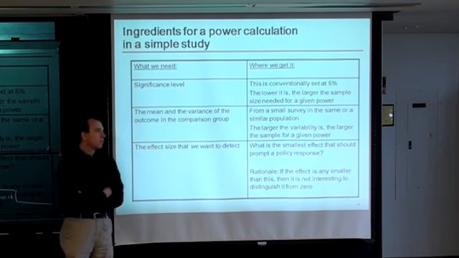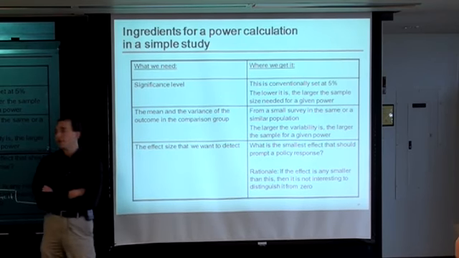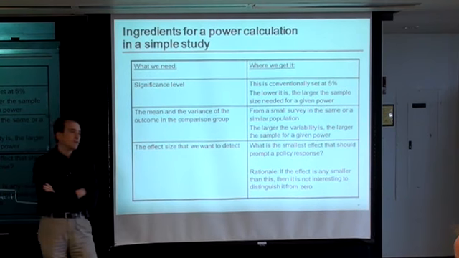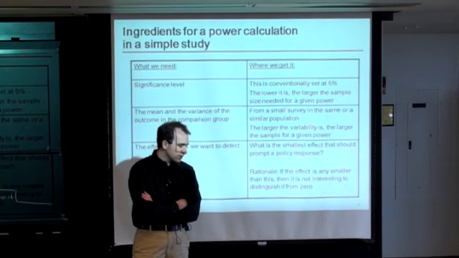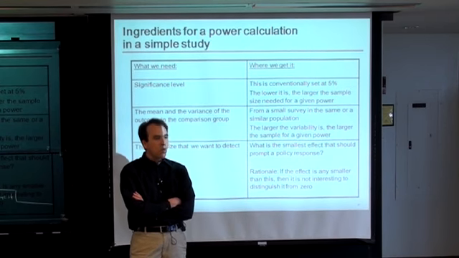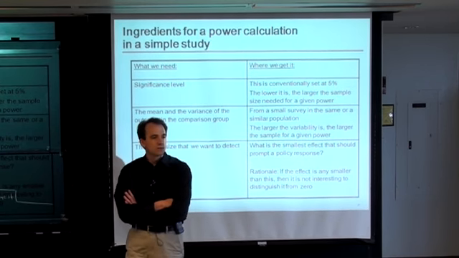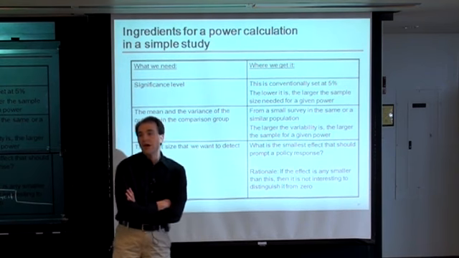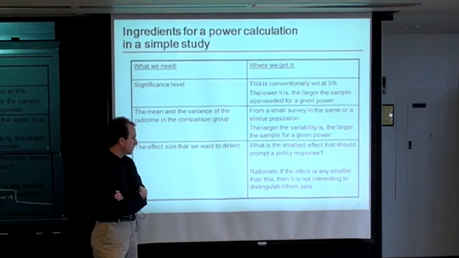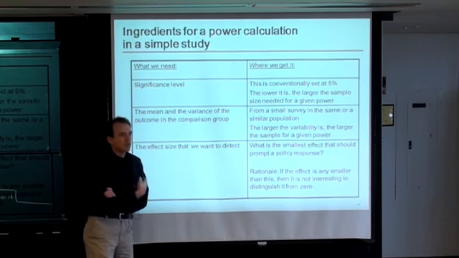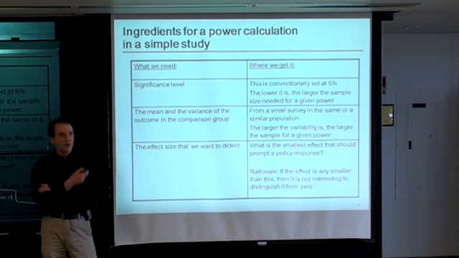Okay? So one could think about this, for example, by doing a cost-benefit calculation, right? This thing costs $100. If we don't get an effect of 0.1, it's just not worth $100, right? So that would be a good way of coming up with how big an effect size you want here. Because the idea then is if the effect is any smaller than this, it's just not interesting to distinguish it from 0, right?